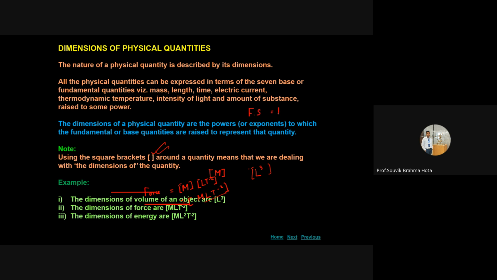Force is M L T to the power minus 2, and the distance is L. W is F into s, so you will have M L square T to the power minus 2.